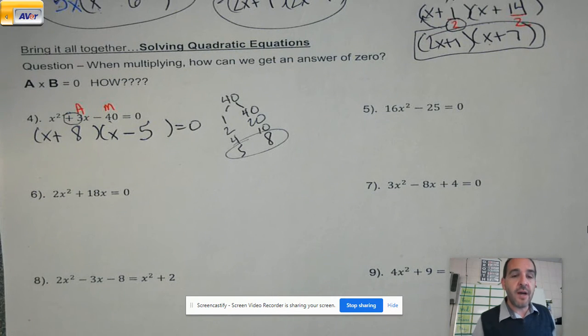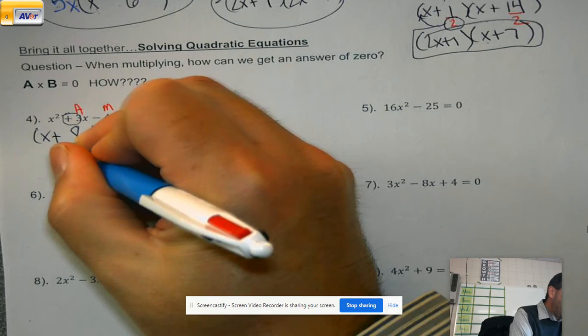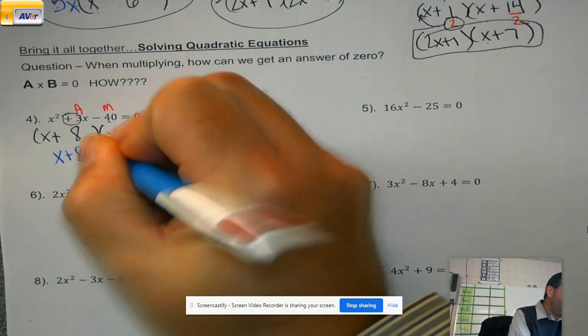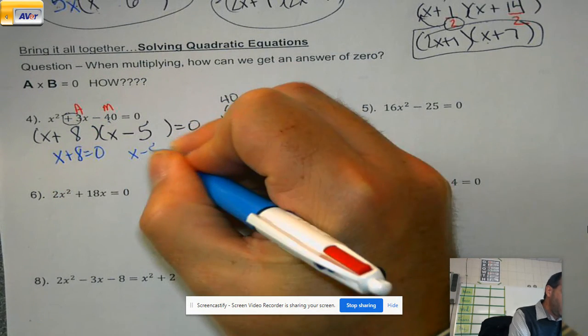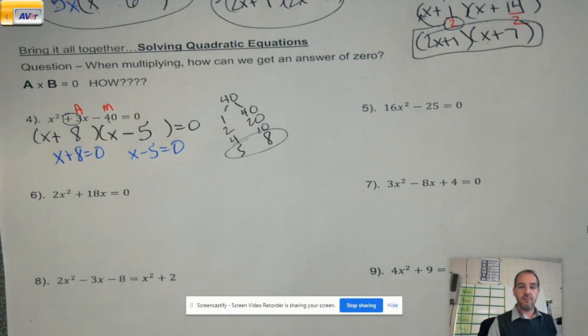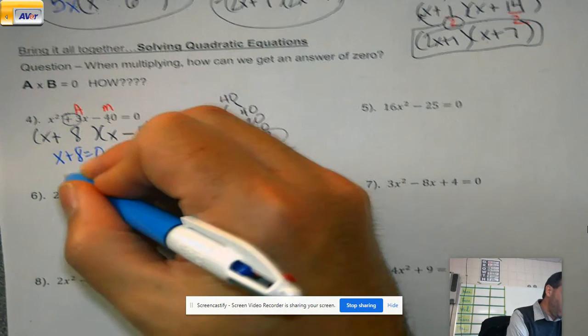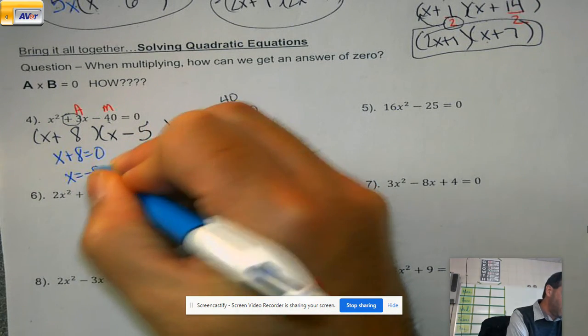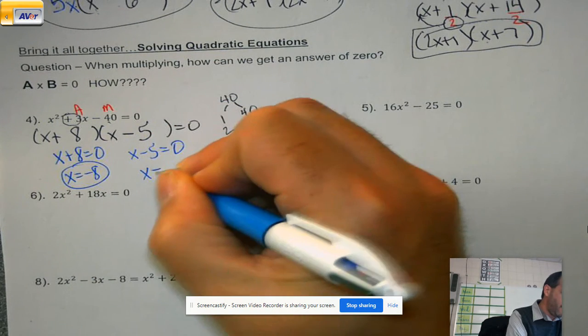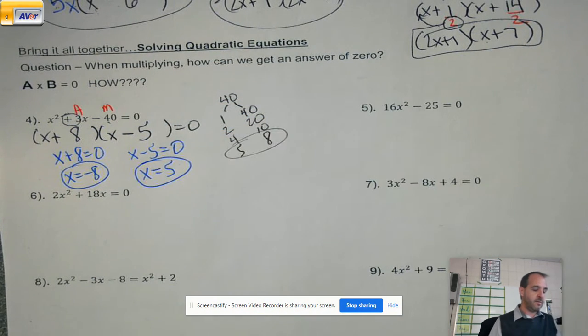Normally we'd be done, but here's where the one more step comes into play. I want to know what numbers I can plug in for x that would make this 0. So here's all we got to do. Last step: take each quantity that has a variable attached to it, set it equal to 0, and solve the mini equations.